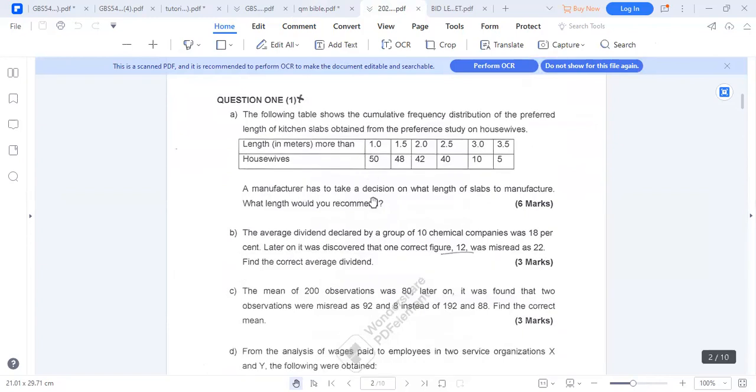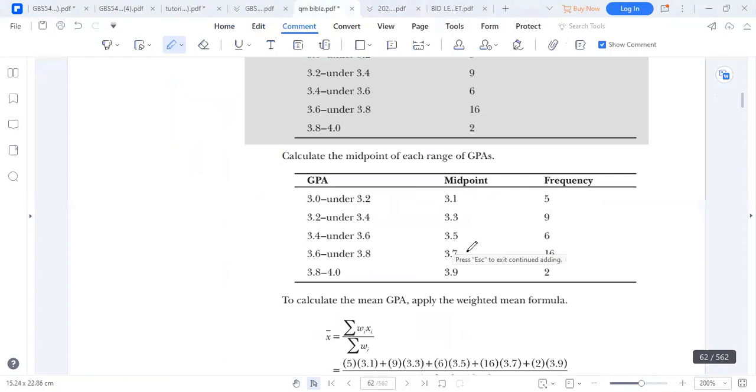Most people did not perform well in this previous exam. Most of the questions will be predominant in your first test as well. So I need to at least explain the key principles so that you understand. For the midpoint, whether it is 3 and under 3.2, you simply add this figure and that figure, divided by 2.